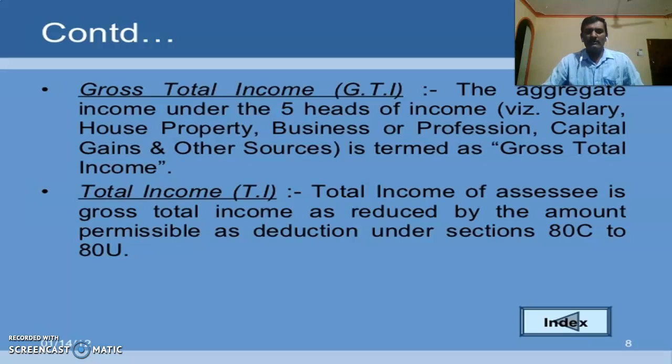Then whatever balance arises is called total income. We will discuss these deductions under section 80C to 80U in detail in the respective chapter. After calculating the total income, on the balance that arises we have to charge the tax, and then the assessment procedure will be completed.